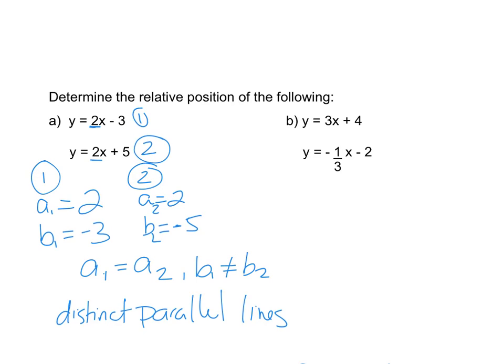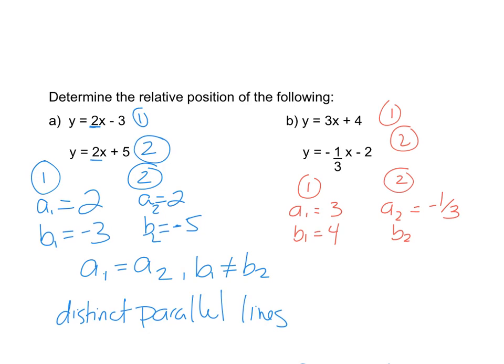Now in this example, again, I'll label this line 1 and line 2. For line 1, my slope is 3, and my y-intercept is 4. For line 2, my slope is negative 1/3, and my y-intercept is negative 2.